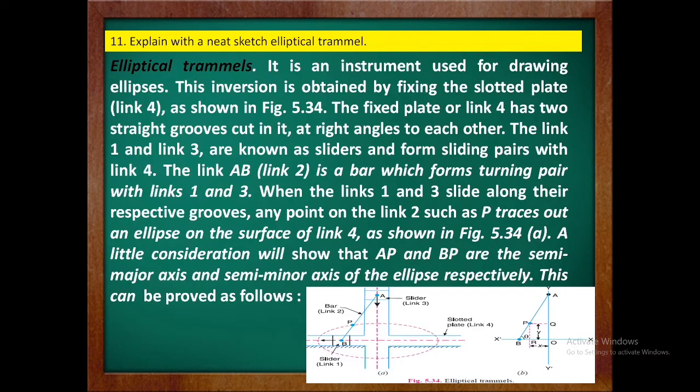A little consideration will show that AP and BP are the semi-major and semi-minor axes of the ellipse respectively. This is the inversion of the double slider crank mechanism.